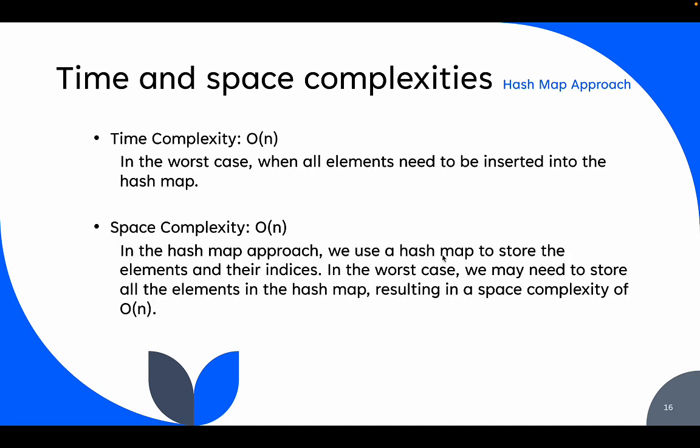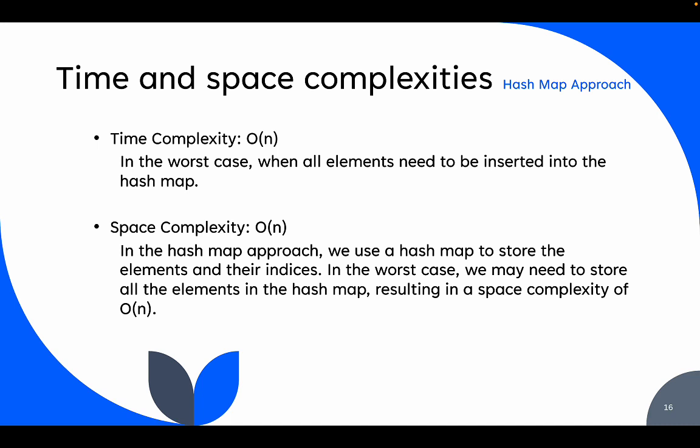Now, using the hash map approach, the time complexity would be linear, in the worst case, when all elements need to be inserted in the hash map. Same thing for the space complexity. It's also linear because in the hash map approach we use the hash map to store the elements and their indices. In the worst case, we may need to store all the elements in the hash map, resulting in a space complexity of theta n.